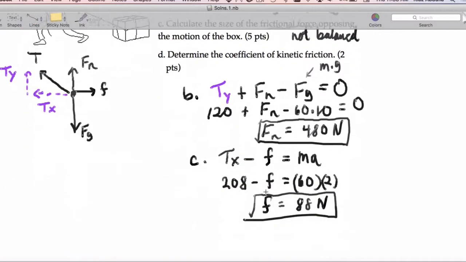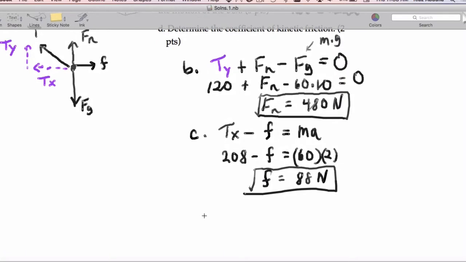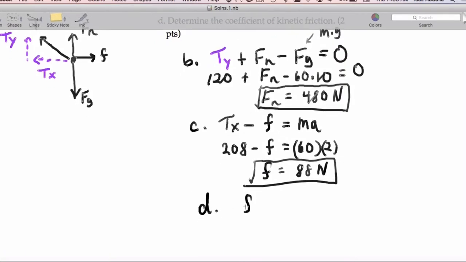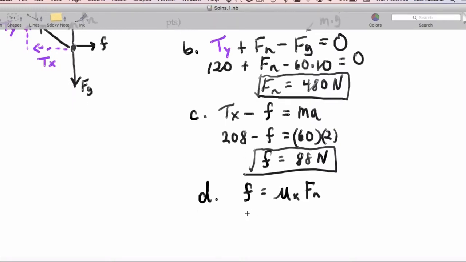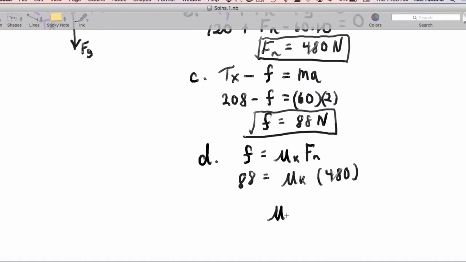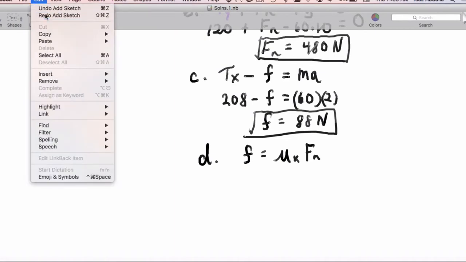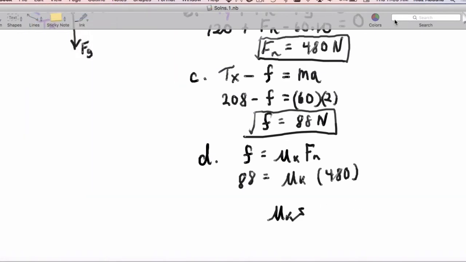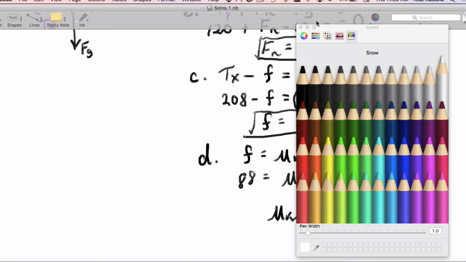And lastly, for part D, it says determine the coefficient of friction. So let's go ahead and do that now. So the friction equals mu kinetic times the normal force, and we can actually substitute these numbers in now. So 88 equals mu k times 480. When we isolate mu k, I'm going to clean that up just a little bit so we can read it a little bit better.